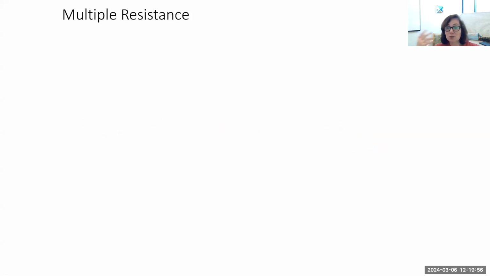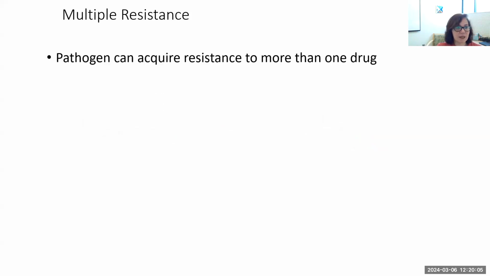All right, now multiple resistance. We've already seen that bacteria have different ways of eluding these different drugs. And it's possible for a single pathogen to acquire resistance to more than one drug. We call it a multiple drug resistant bacterium.